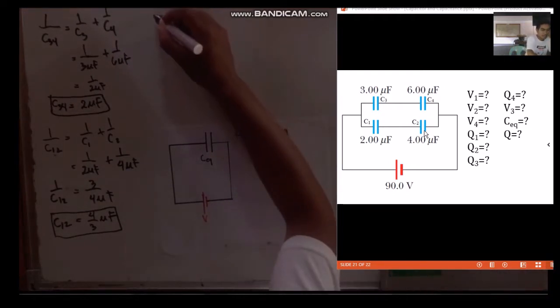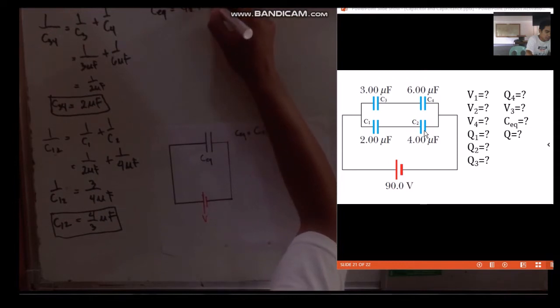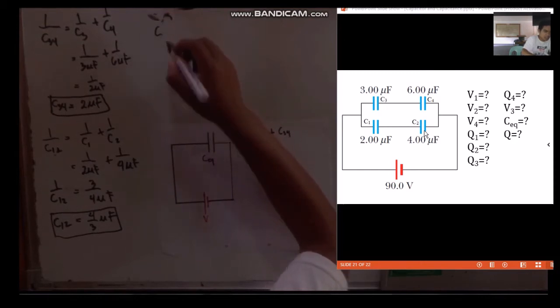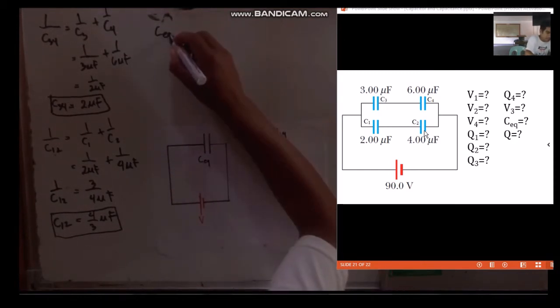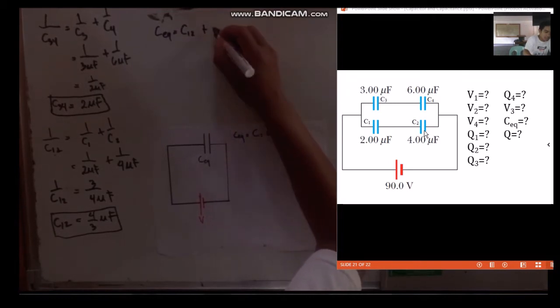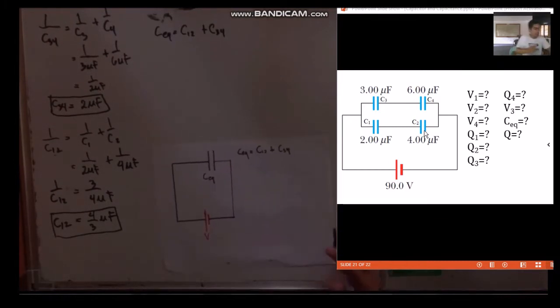So the equivalent capacitance CEQ equals C12 plus C34, right?